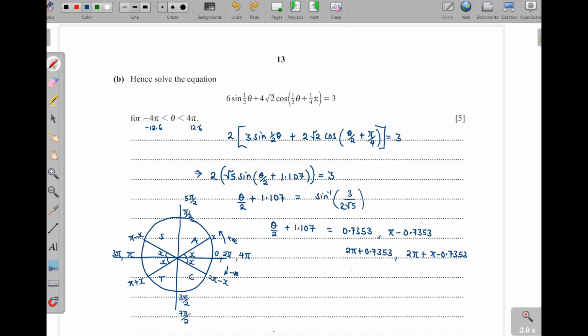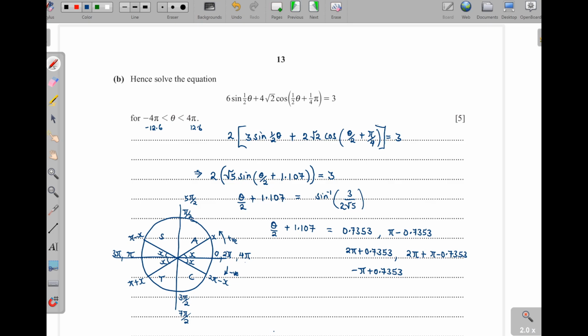And then the other one is going to be, first of all, negative pi, because you are moving like this, so this will be negative pi, then plus this x of yours here. Negative pi, then plus 0.7353. So I've gotten those 5 values, so let me run with those.